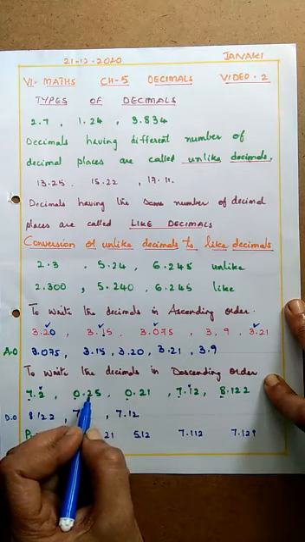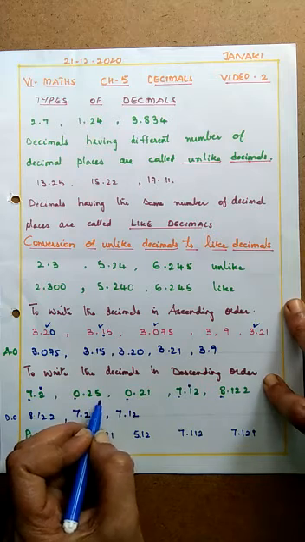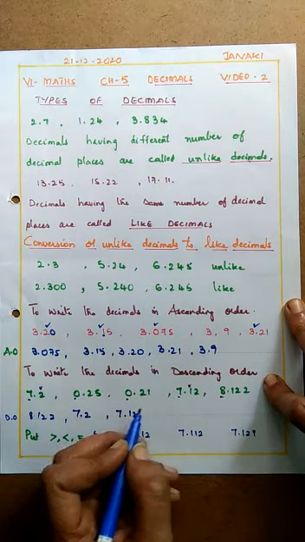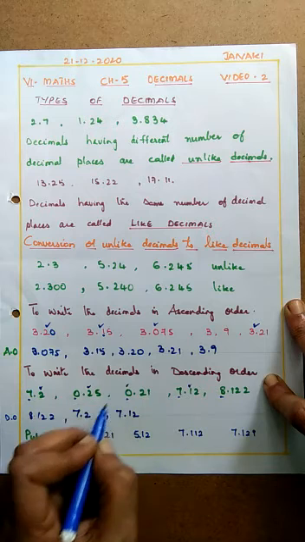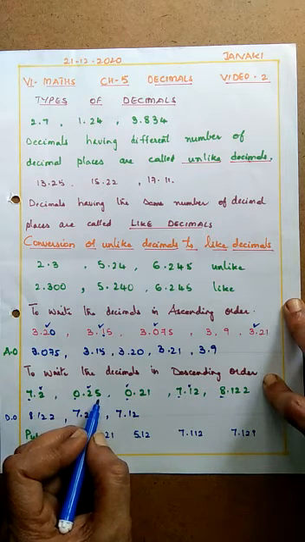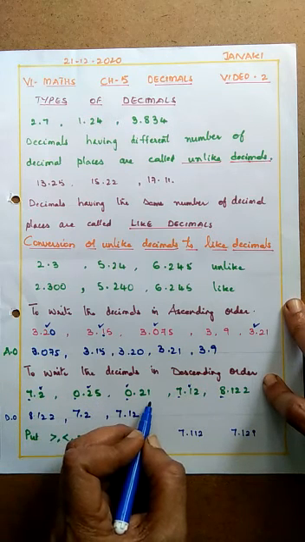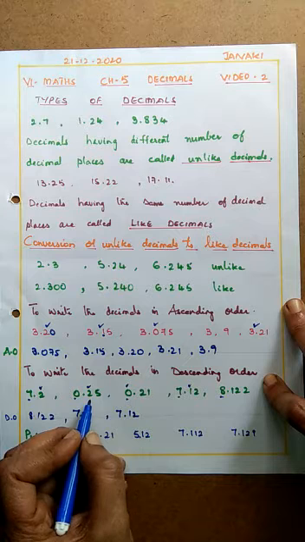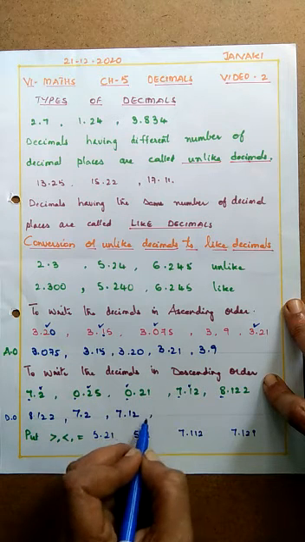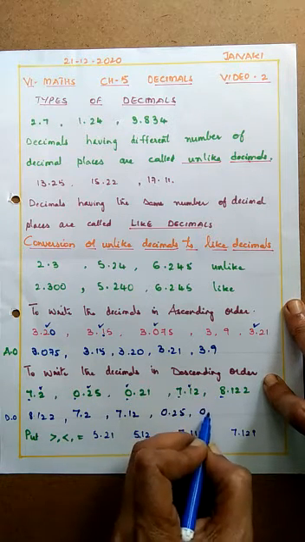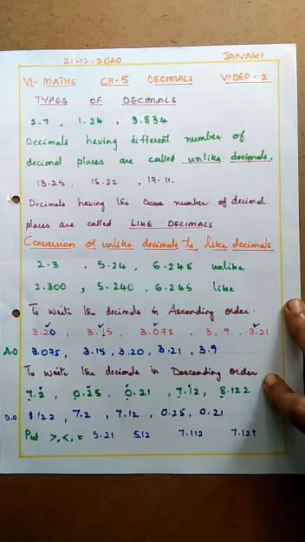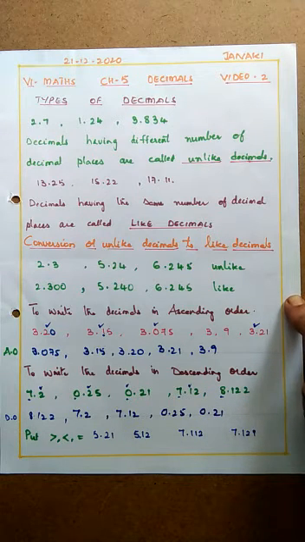Now let us move on to 0.25 and 0.21. 0 is common, 2 is also common, and in 100th place you have 5 here and 1 here. So 5 is greater than 1. So 0.25 comes first and 0.21 next. So we have compared and written them in ascending and descending order.